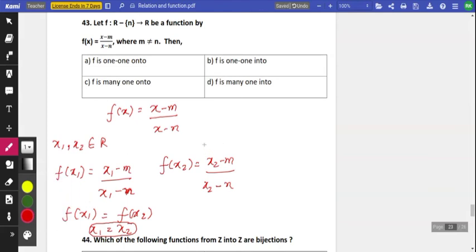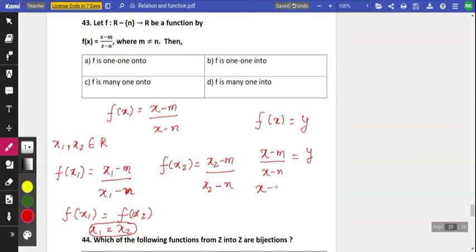For the given function to be onto, let us take f(x) is equal to y. (x minus m) upon (x minus n) is equal to y.